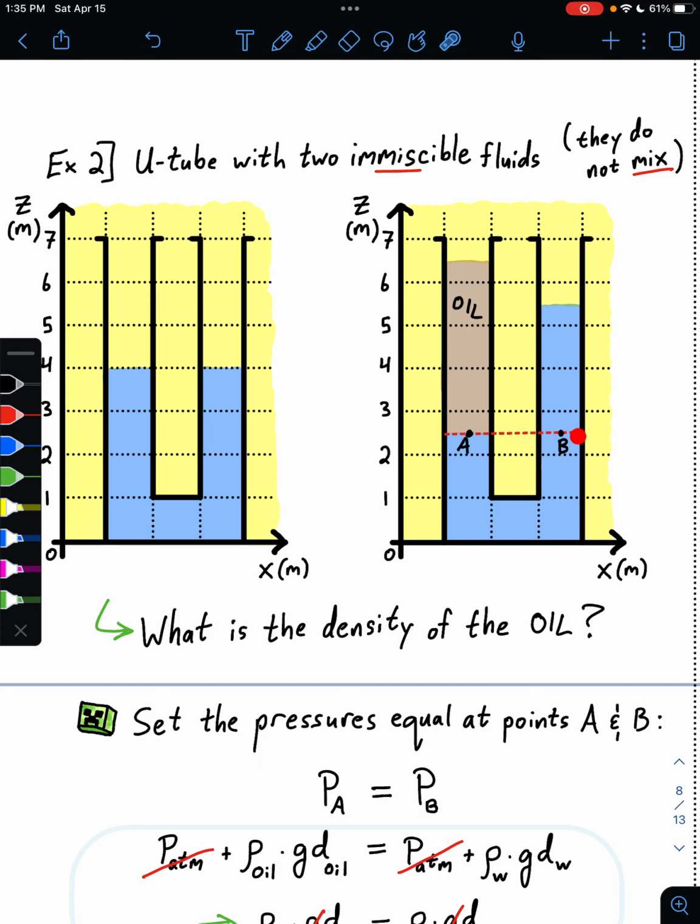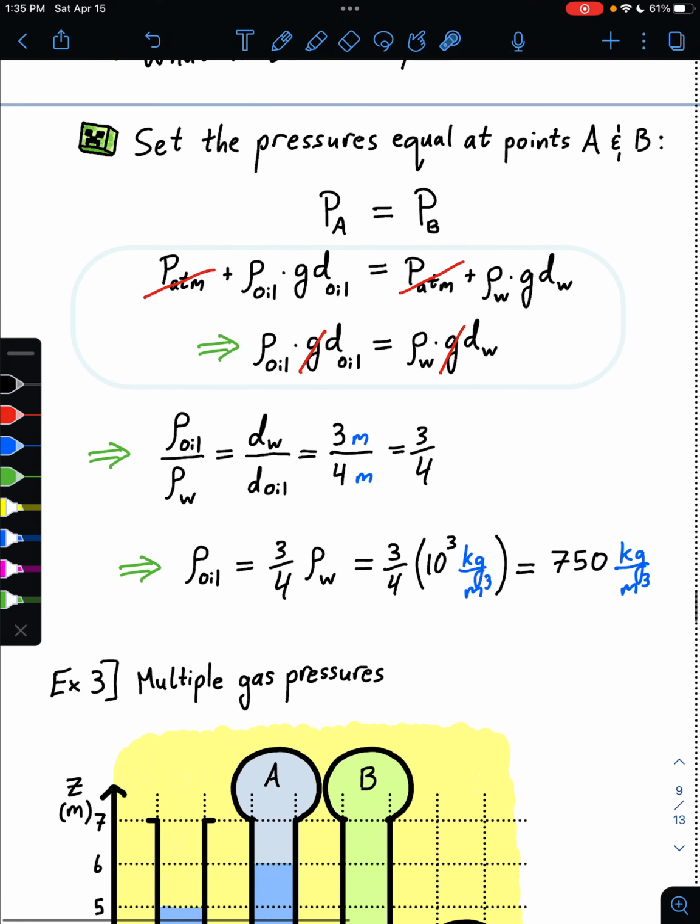These two cross-sections of the water are supporting equal weights above them. So we could also have gotten to the same conclusion by setting the mass of this oil equal to the mass of this water.